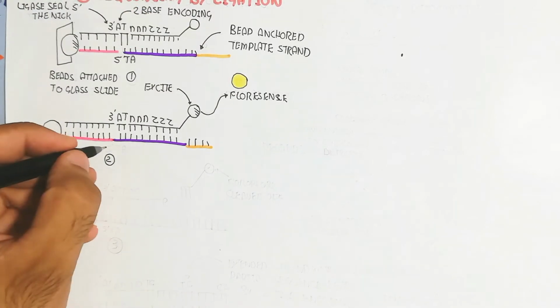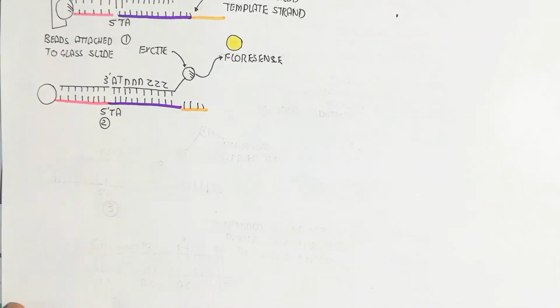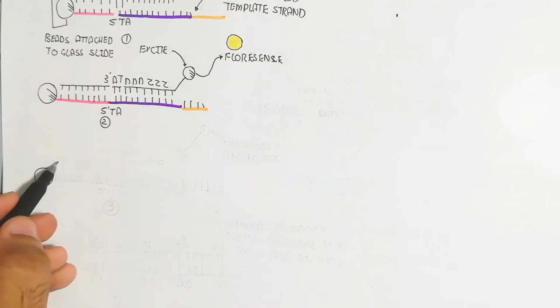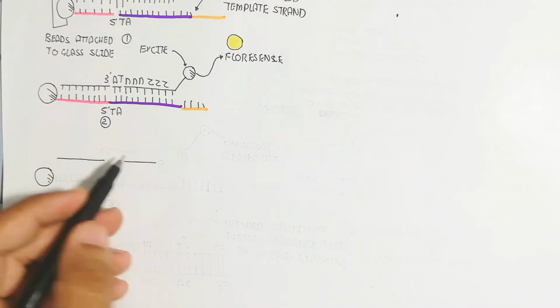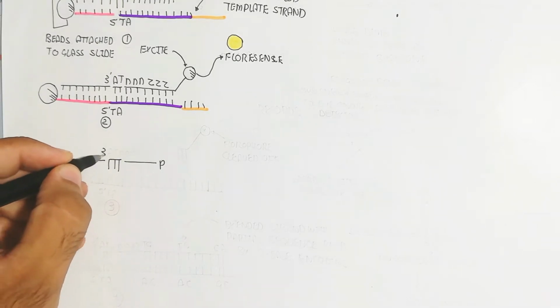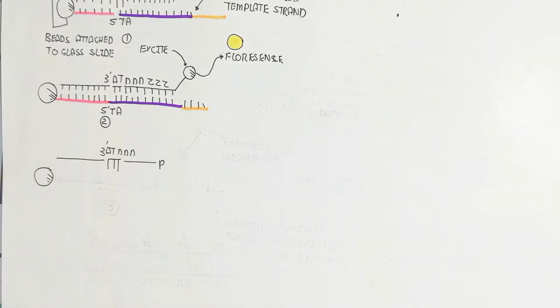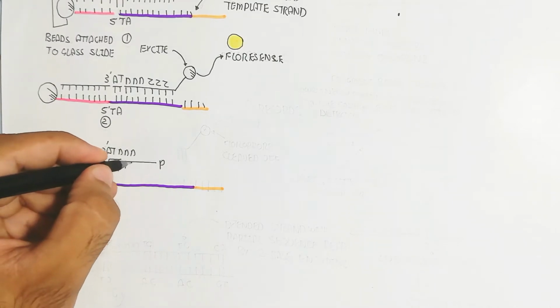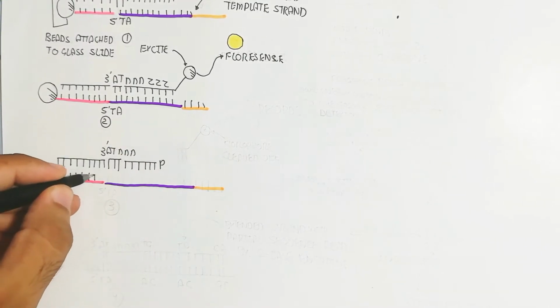So after this here is the fluorescence cleaved off, the third step. So in this way here you can see after the cleave off to produce the fluorophore in the third step. The fluorophore cleaved off to produce the color, and that color can be detected.